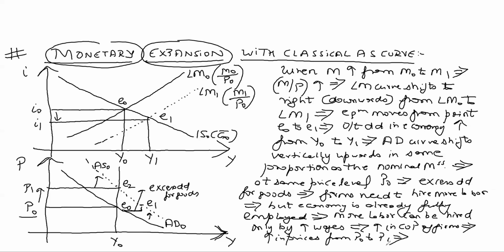So LM curve, which initially shifted to the right, will now shift back to its original level. So this curve will also be LM2, which is M1 by P1. And guys, M1 by P1 is exactly equal to M0 by P0.